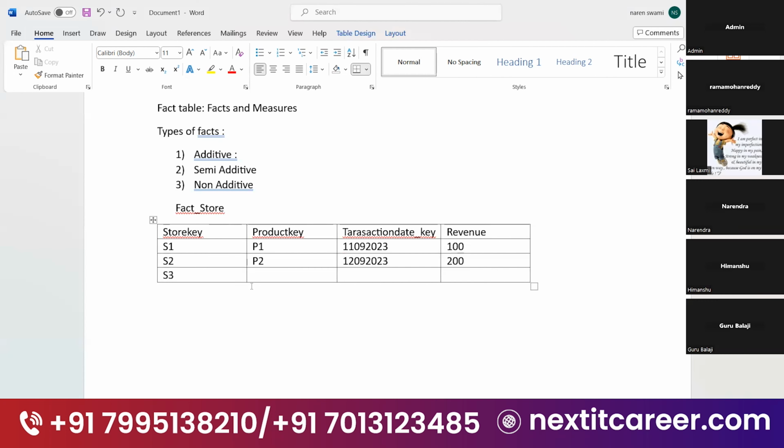And coming to S3, P3 is the product key, 13/09/2023, and the amount is 300. Like this, the fact table will have all the columns: store key, product key, transaction date key, and revenue.